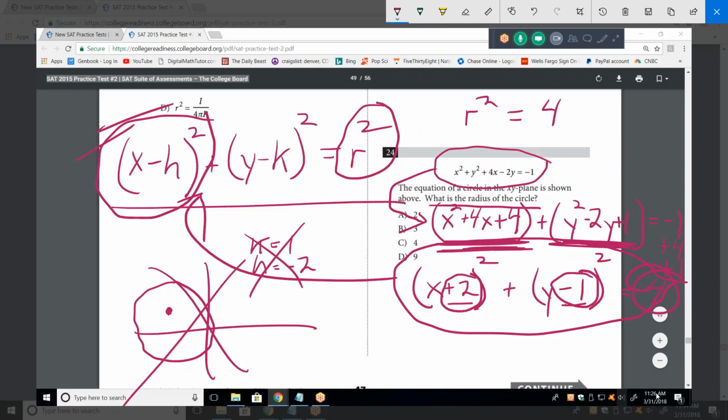You not only have to do it for all the conic sections, but you've got to do it to put a quadratic into vertex format. There's all kinds of cases where you have to complete the square. So that's something you definitely need to know how to do: both complete the square and your general formula.